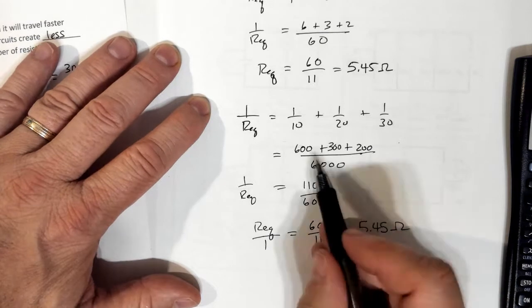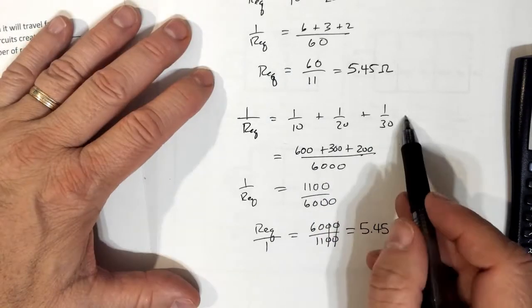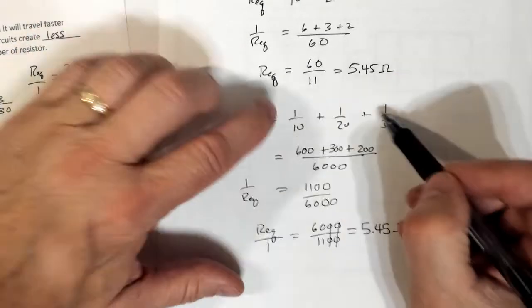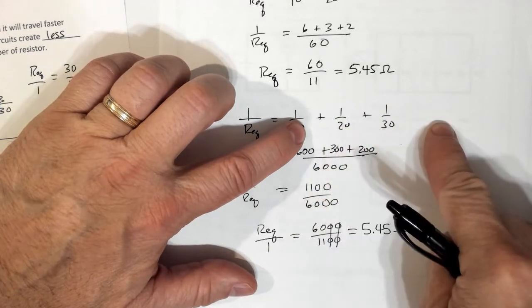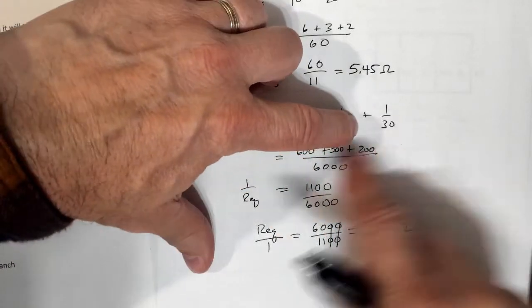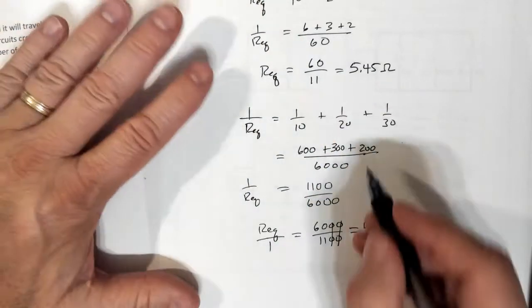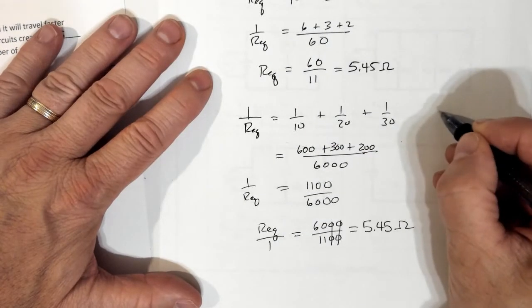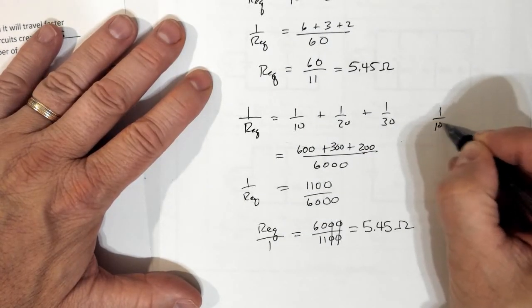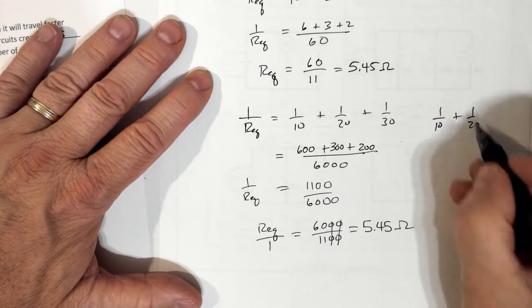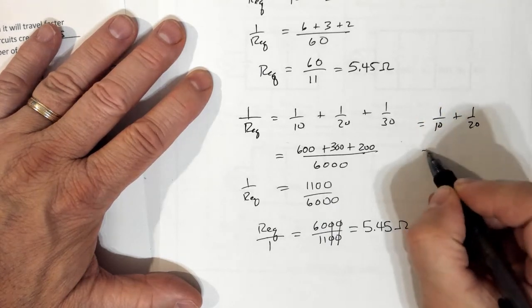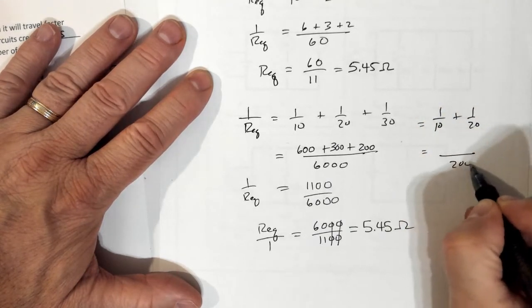Okay? And you can do that if you had 3 or 4 or 5 resistors. You'd multiply all 4 of them together and put the answer on the bottom, and for each numerator, whatever numbers are left, you multiply. Or if it's just 2 numbers, let's say it's 1 over 10 plus 1 over 20. You multiply the 2 bottoms, so you get 200, 10 times 20.